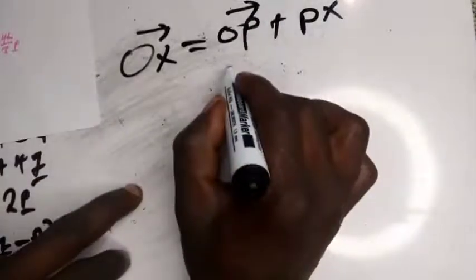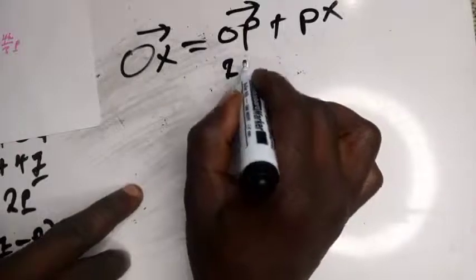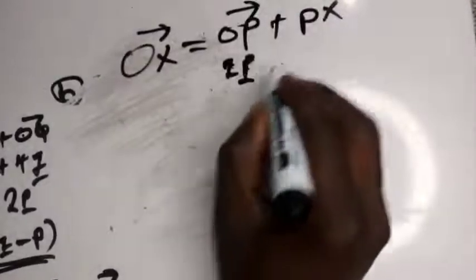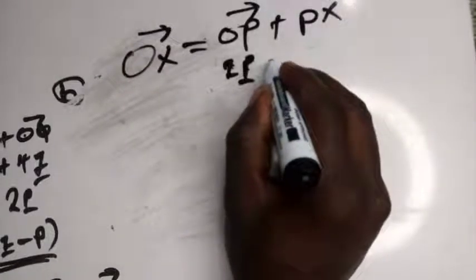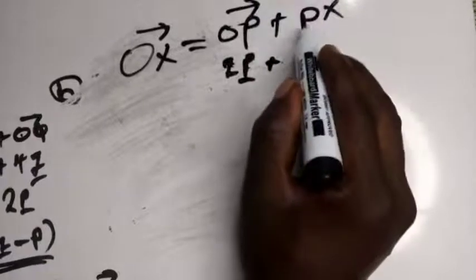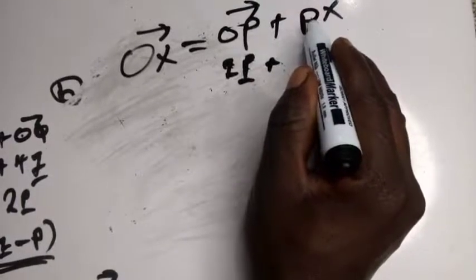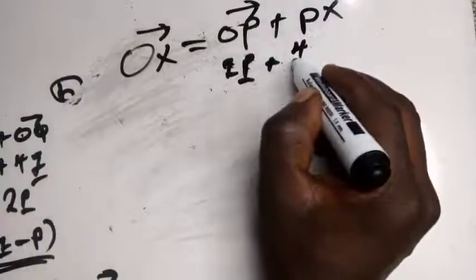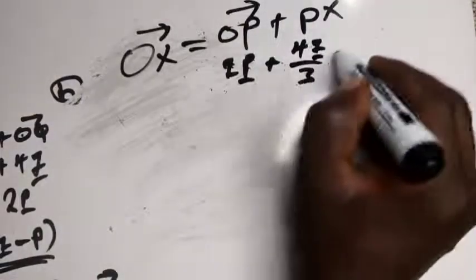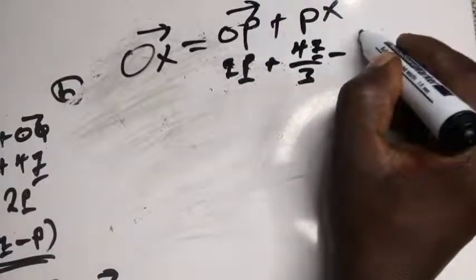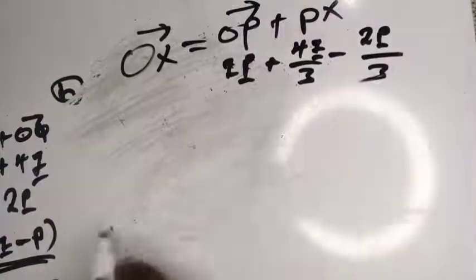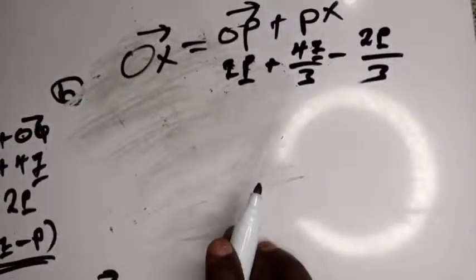OP, we have this one, 2p. Then plus, where is PX? We have 4q over 3 minus 2p over 3.